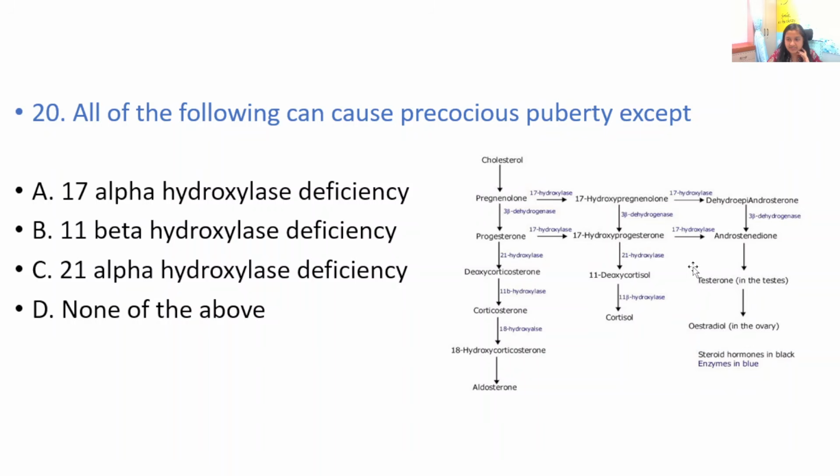So in these deficient enzymes, this is what is formed and virilization of the genitalia happens, and that can present with precocious puberty. So the answer here is 17 alpha hydroxylase deficiency does not present with precocious puberty, and it rather presents with delayed puberty or sexual infantilism.